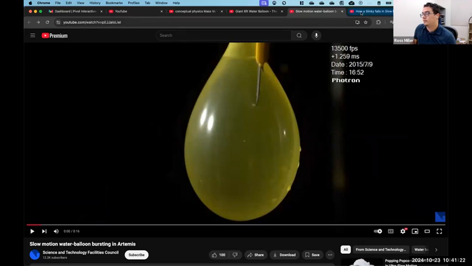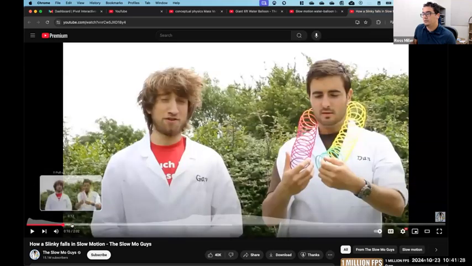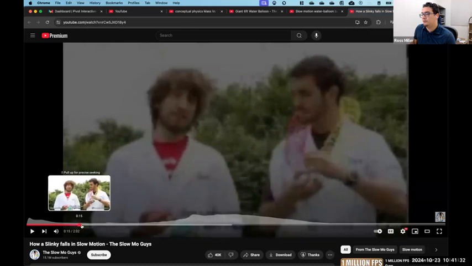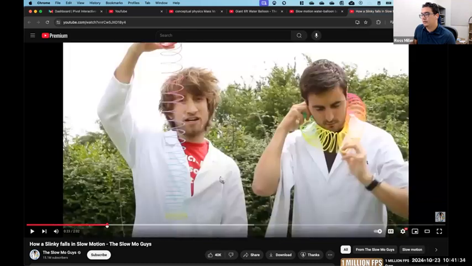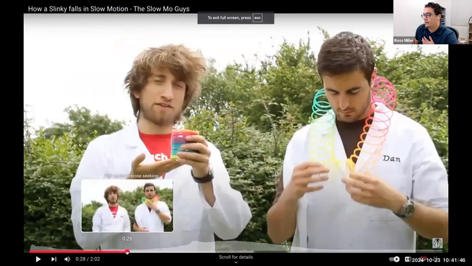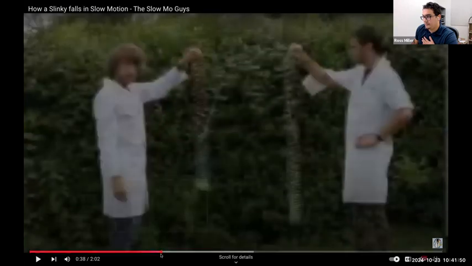So the next video I want us to watch thinking about this is what happens if you have a slinky. Let's go ahead and find a good spot. So with a slinky, if you hold the top, the bottom will fall down and you can make it wobble back and forth. But then if you focus on its inertia versus the force acting on it.